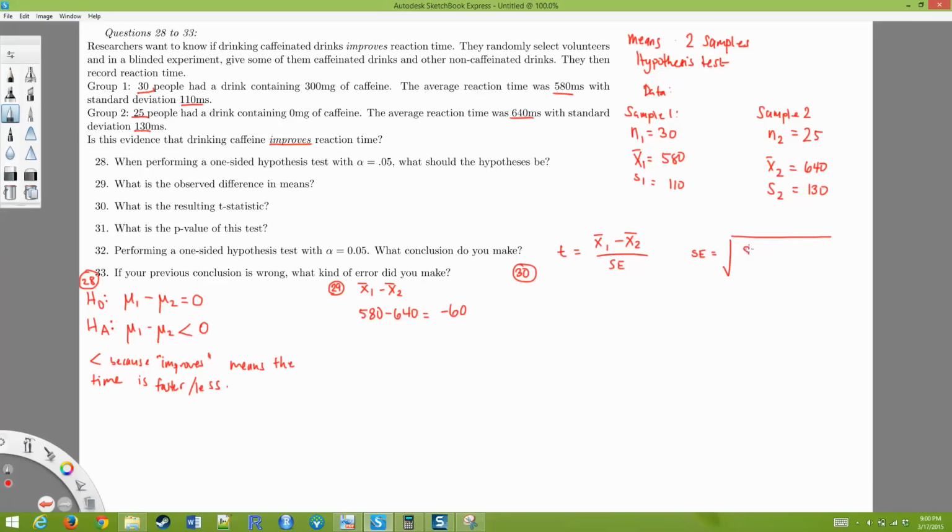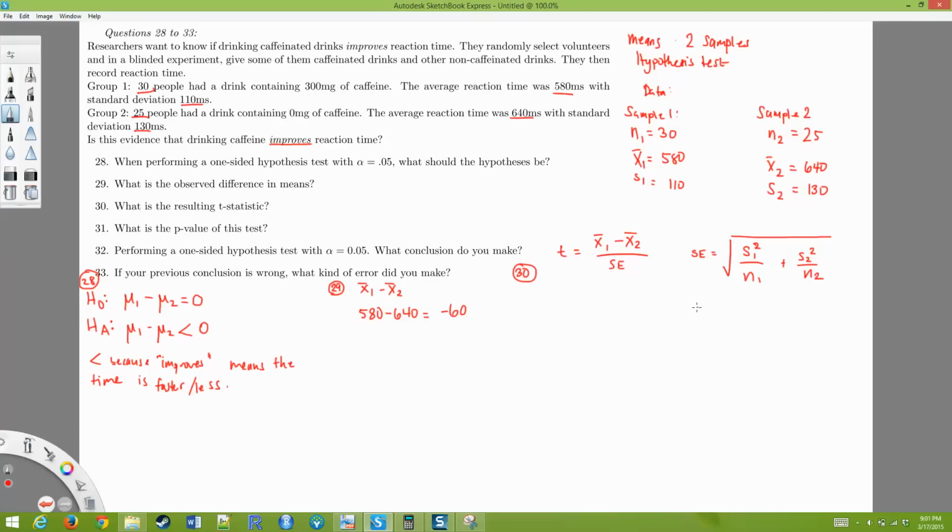It says this is the standard error in this scenario: the square root of S1 squared over N1 plus S2 squared over N2. Always remember to check what situation you have. We've got two samples and we're dealing with means.